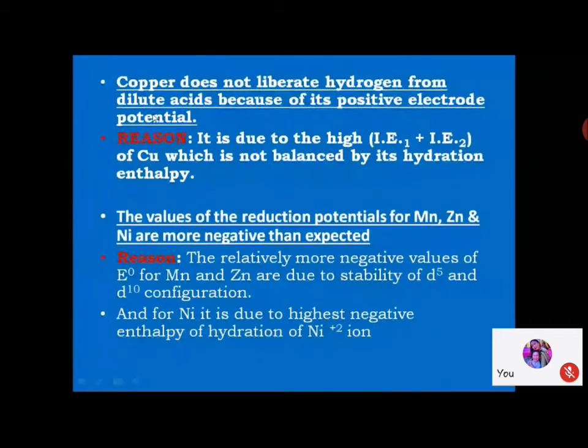Now the question: why does copper have positive electrode potential?